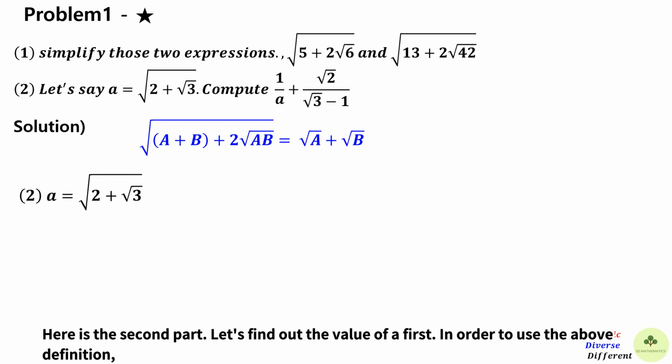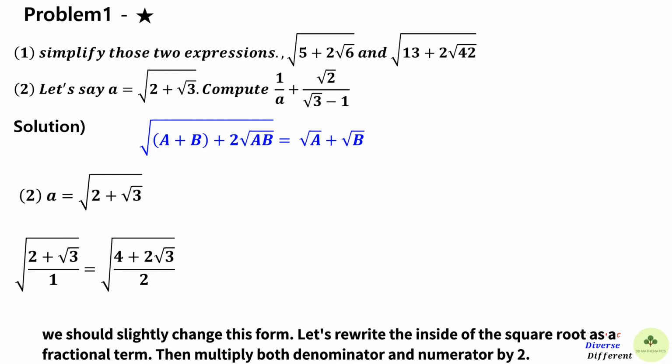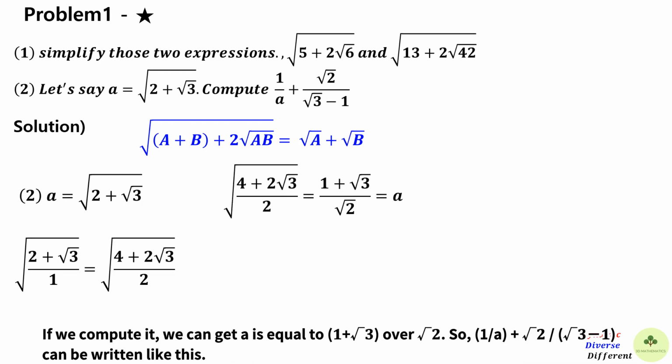Here is the second part. Let's find out the value a first. In order to use the above definition, we should slightly change this form. Let's rewrite the inside of the square root as a fractional term. Then multiply both denominator and numerator by 2. If we compute it, we can get a is equal to 1 plus square root 3 over square root 2.